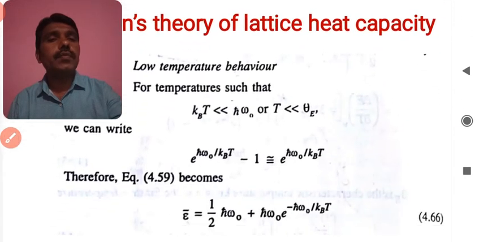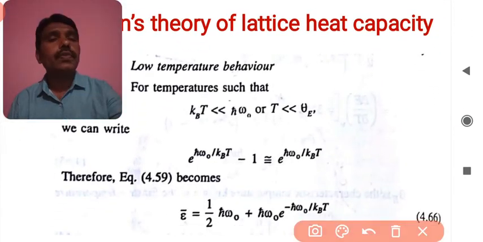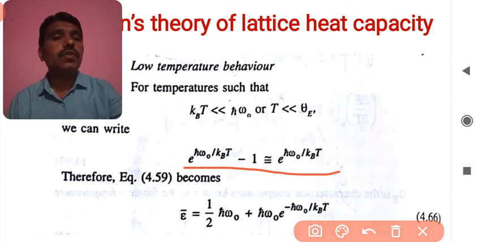For the lower temperature, kbt is lower than h cross omega 0. In that case, exponential of h cross omega 0 by kbt minus 1 will become exponential of h cross omega 0 by kbt.